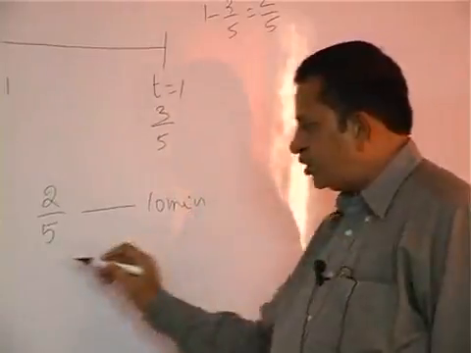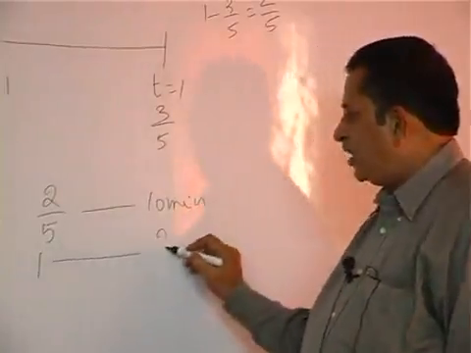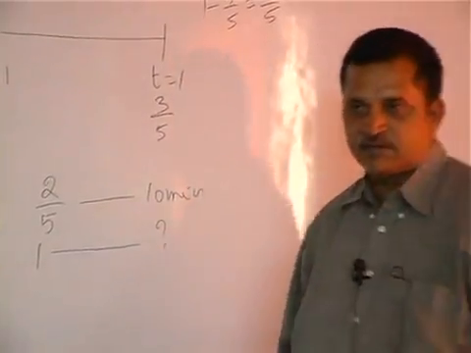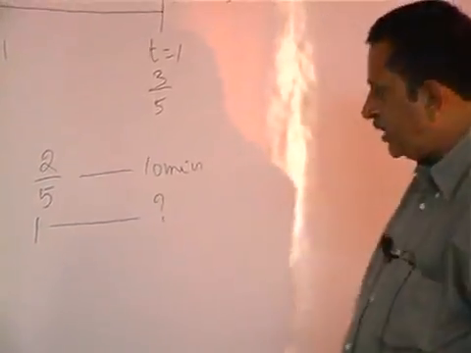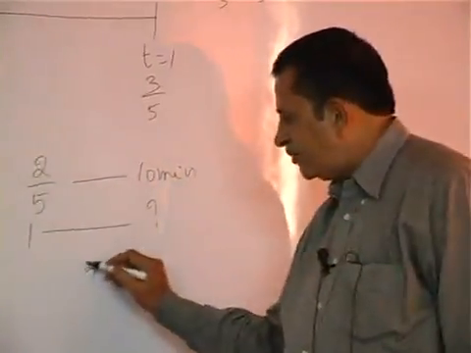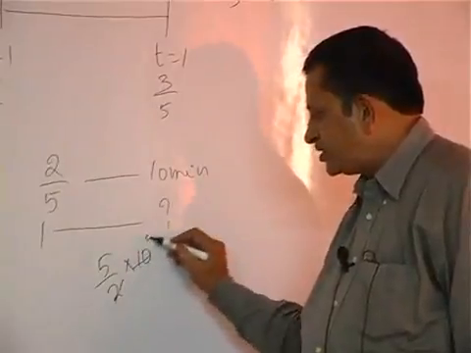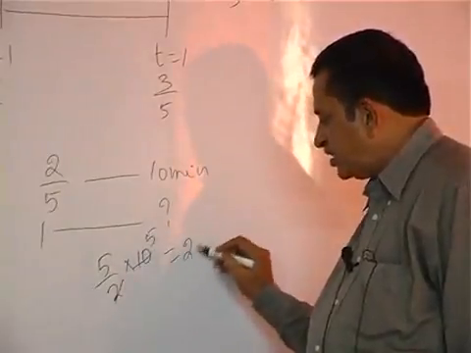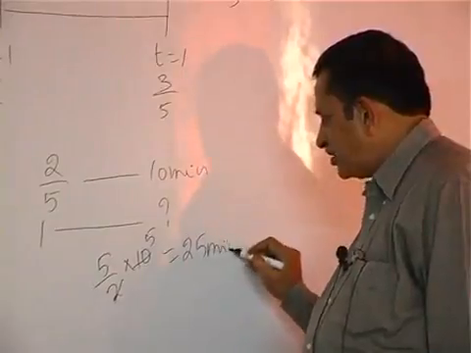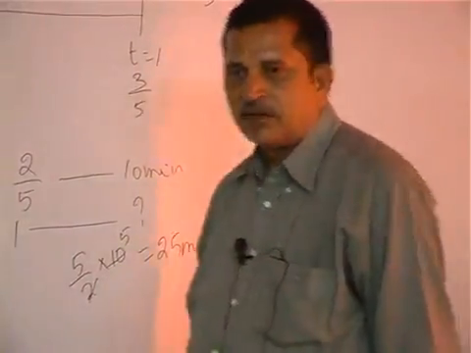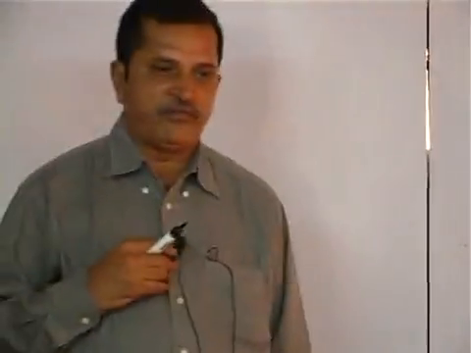Find his usual time means 1 unit will be equal to how much? 1 by 2 by 5 means 5 by 2 into 10, 2 5s. 5 5s are 25 minutes. So regularly he takes 25 minutes to cover that fixed distance.